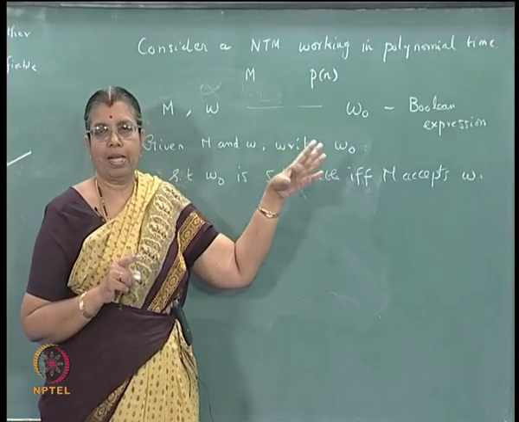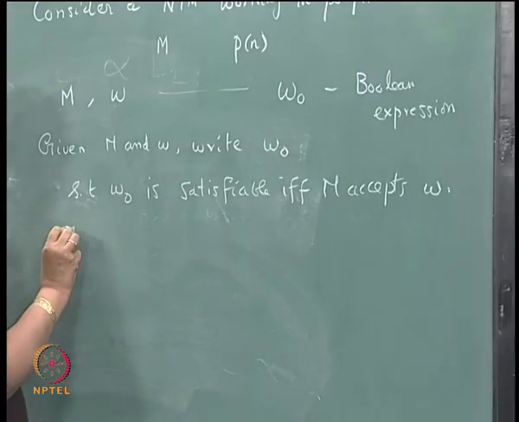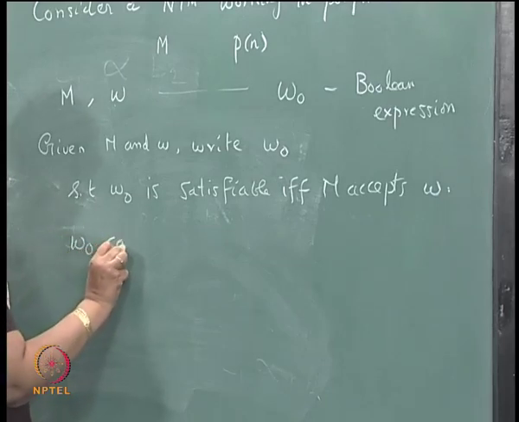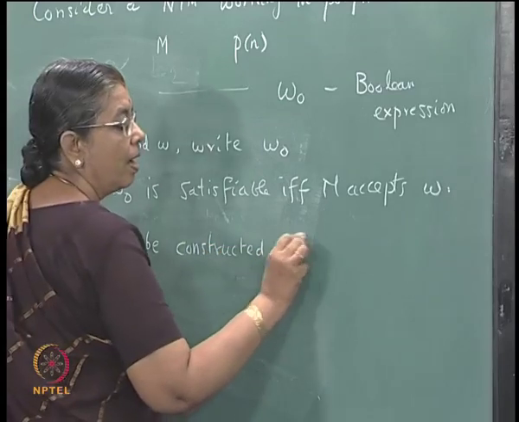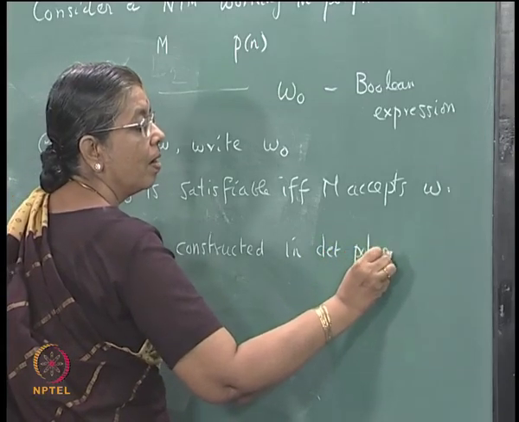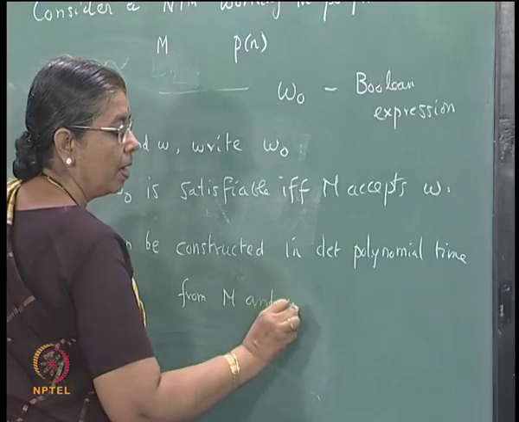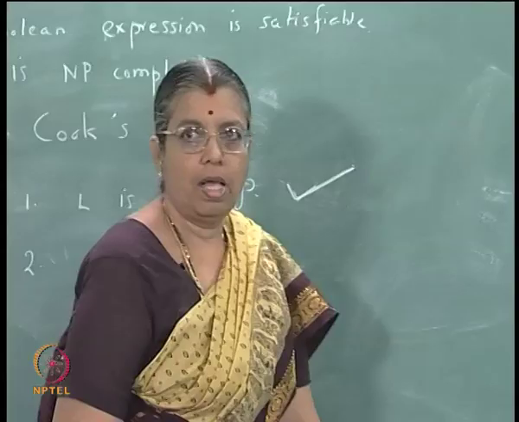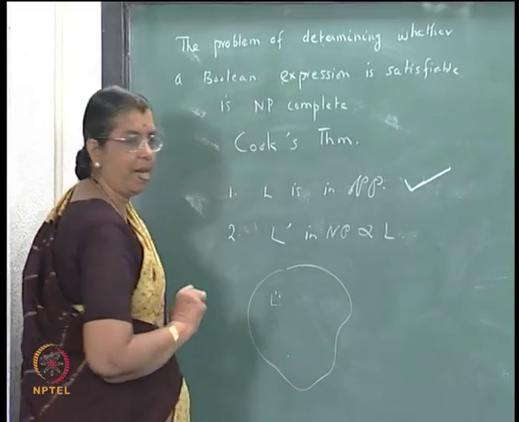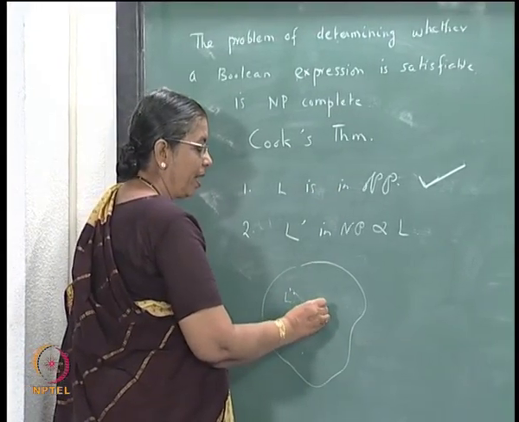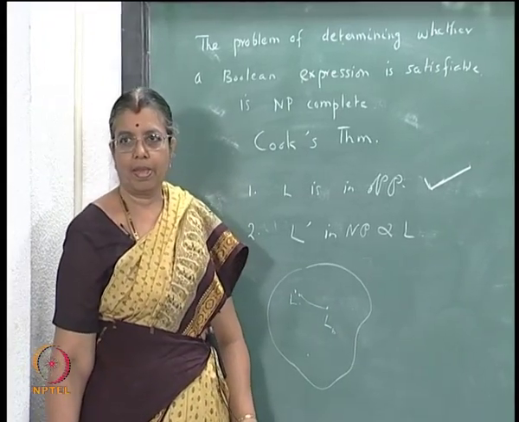There is a deterministic polynomial time algorithm which will construct W naught given M and W. This is the main point, W naught can be constructed in deterministic polynomial time from M and W. So, if you do that, what we are showing is any L dash in NP, some language accepted by a non-deterministic Turing machine, you can convert to Boolean satisfiability, if I put it as L naught, in polynomial time, right.